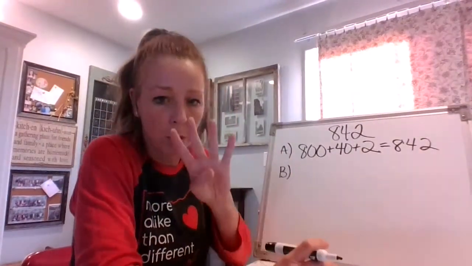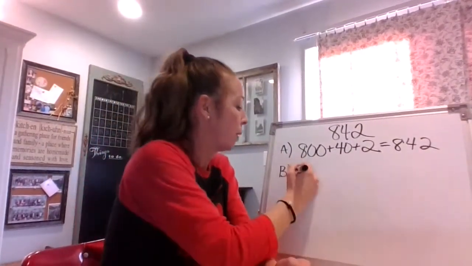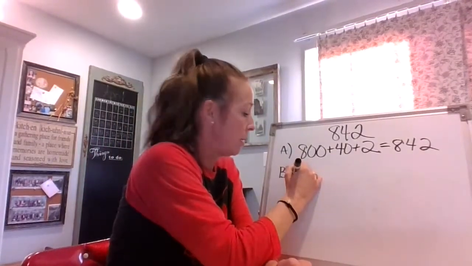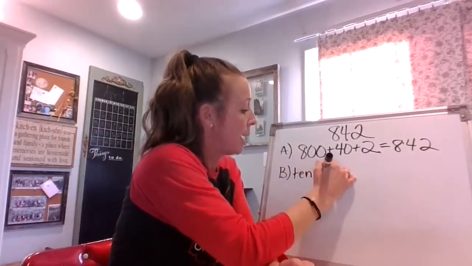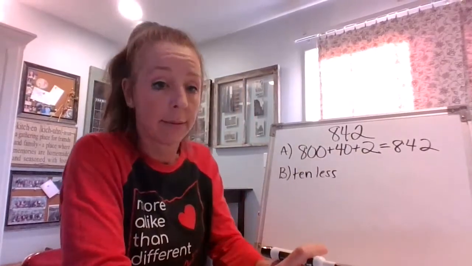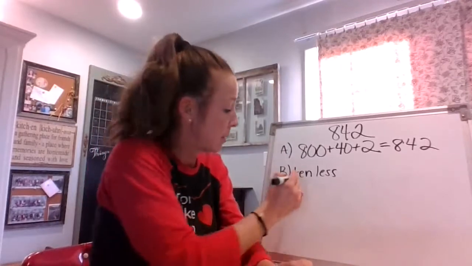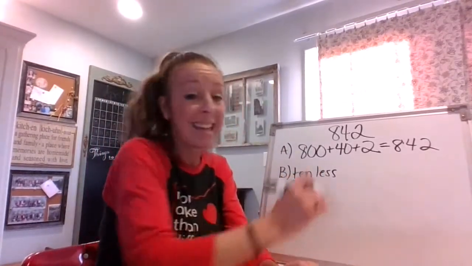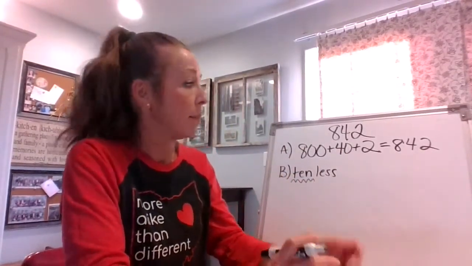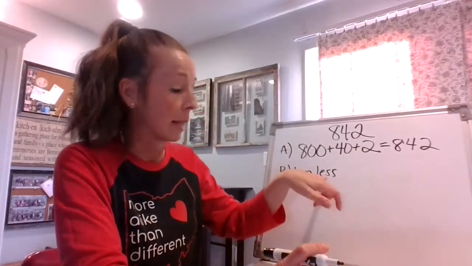It has 4 little parts. Ready? First one. What is 10 less than 842? Well, guys, I should only be looking at the tens place. And I'm going to take a 10 away because it says less.